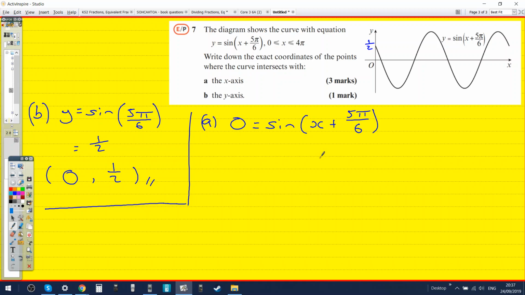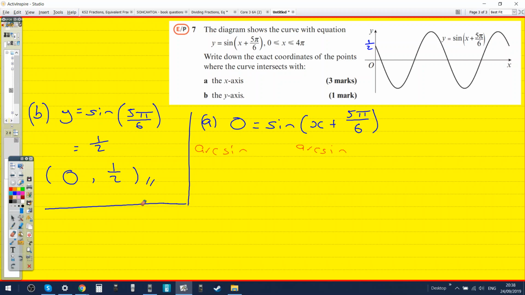Try with the calculator. But how would you do it without using the solve function? So you're trying to get x equals? Yep. Would you arc sine? Yep. To remove the sine? Yeah. 0 equals sine of x plus 5 pi over 6.